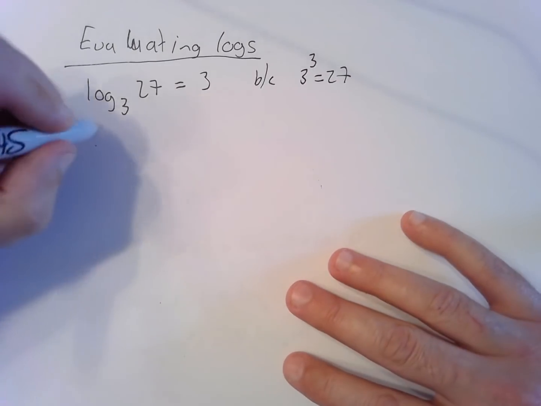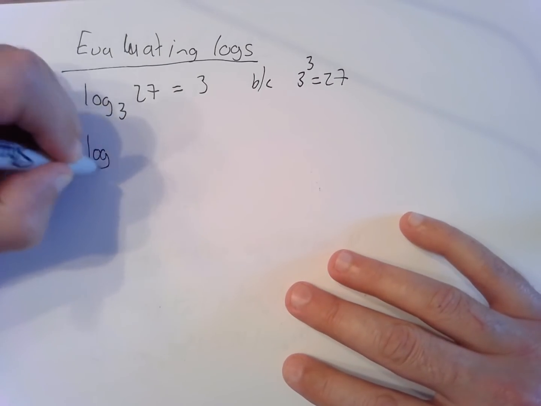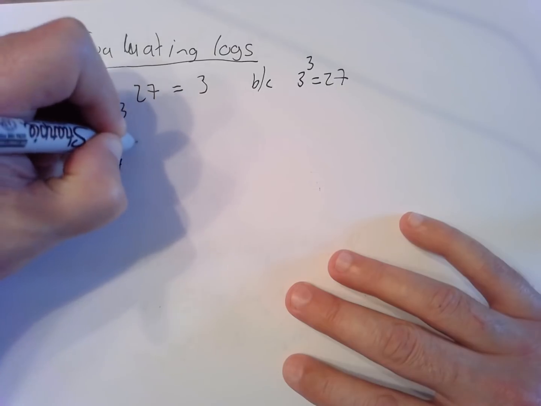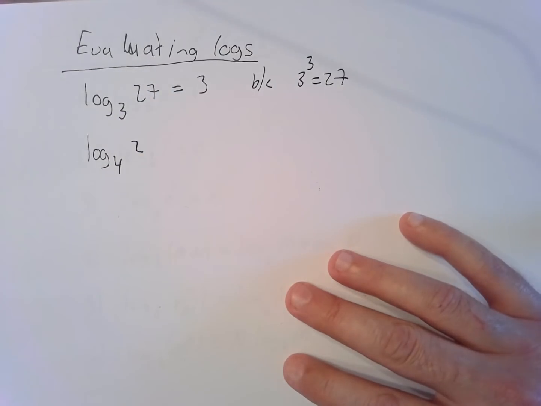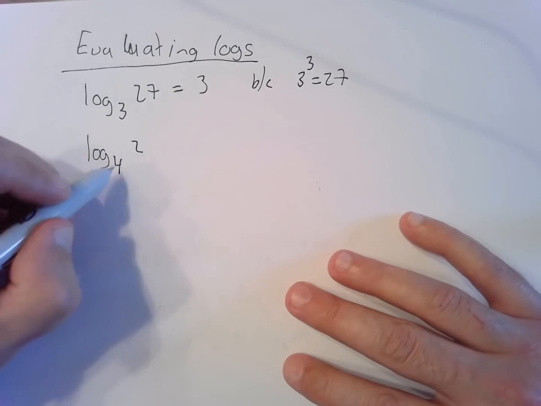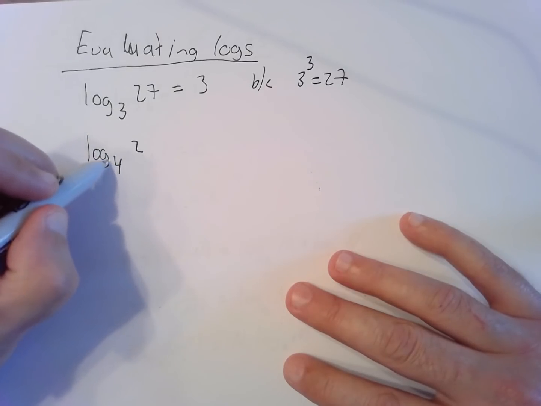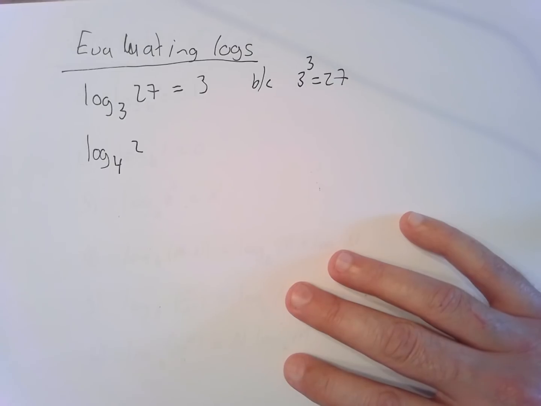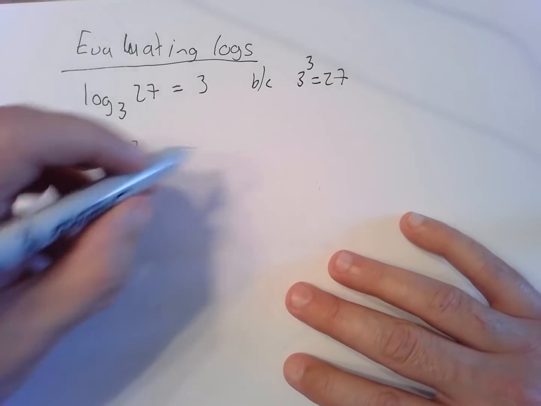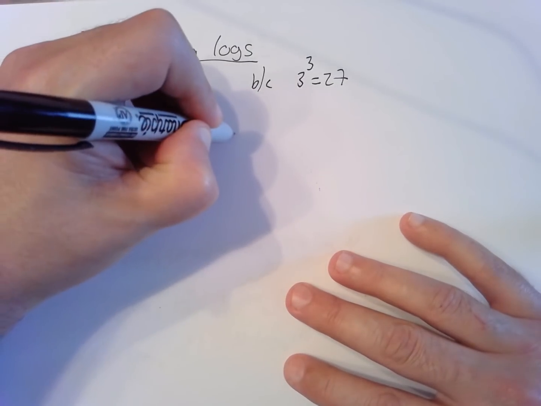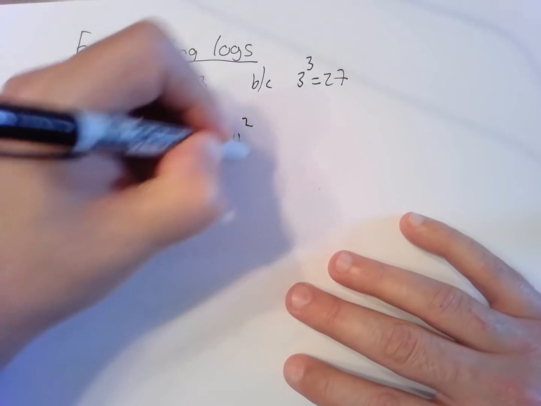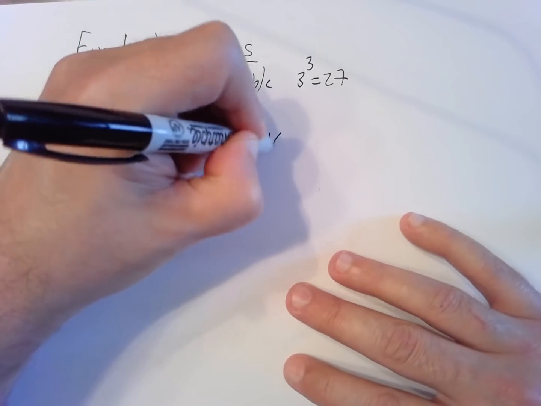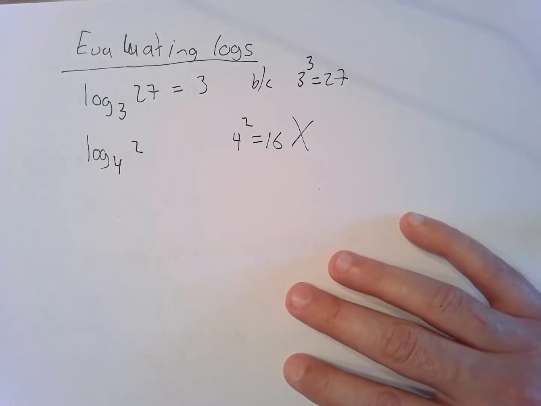Okay, here's a tricky one. What if I said log base 4 of 2? That's not 4 squared. This is the base. That's the answer. I'm looking for the missing exponent. It's not 2. You might think, oh, 2. No, 4 squared is 16. That didn't work.